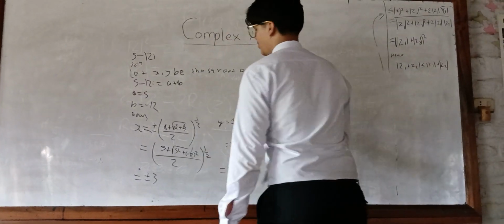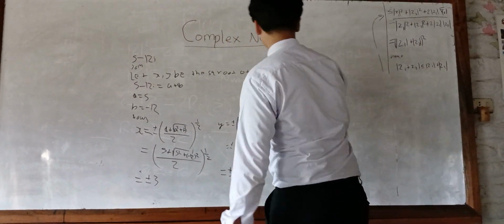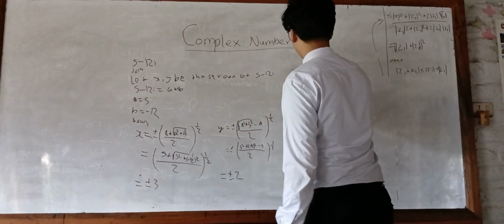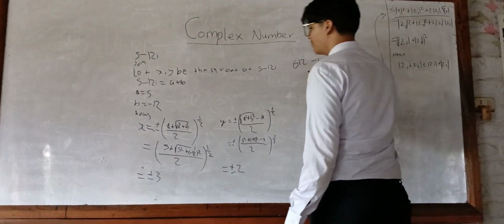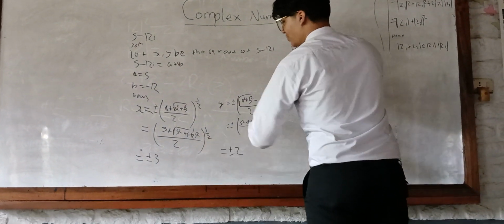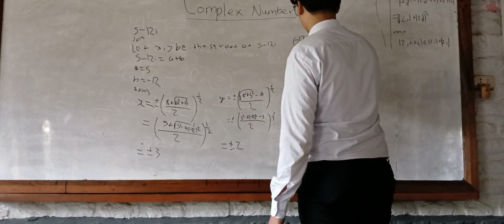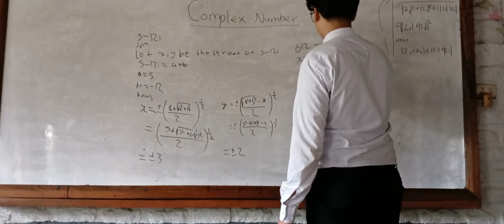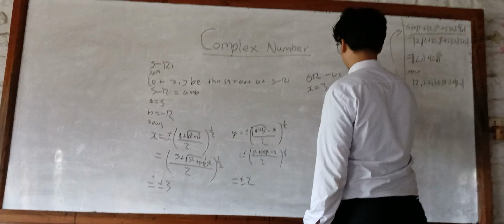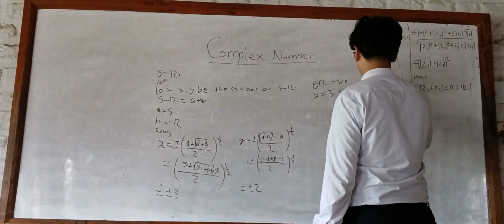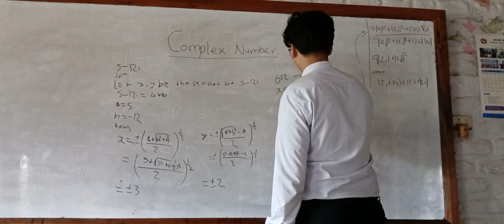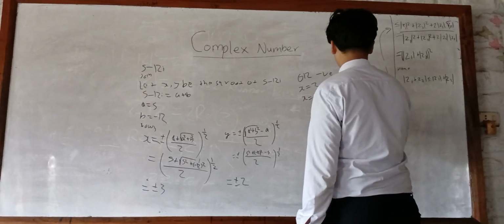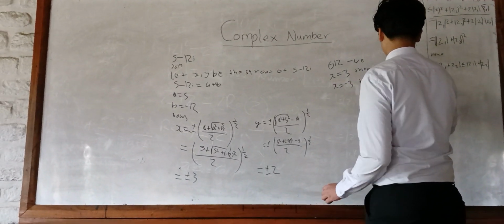Now, as you can see, b is negative, so when b is negative, we need to give them opposite signs. So when x is equal to 3, then y is minus 2, and when x is minus 3, then y is plus 2.